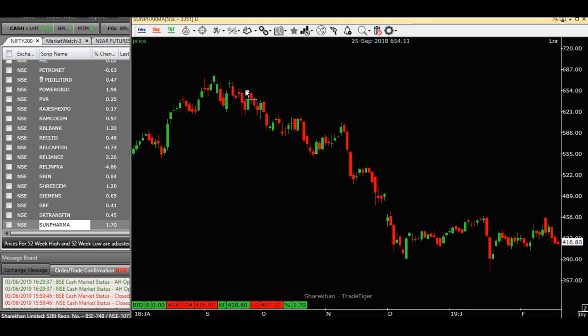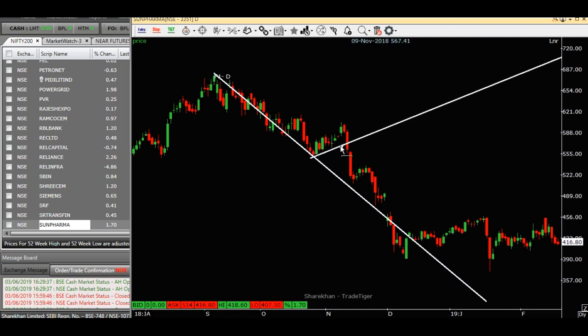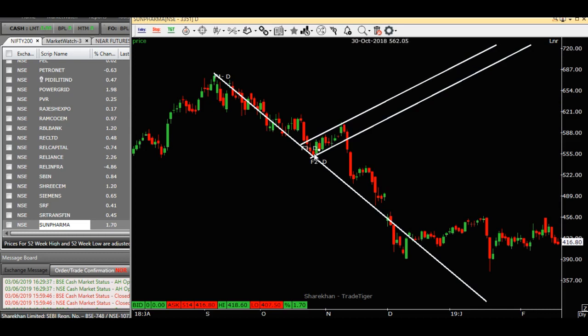So we can see a nice impulsive move from here till here, followed by a pullback. A pullback is also some form of a consolidation, because price was trending down nicely, and then all of a sudden the trend starts to lose its steam.